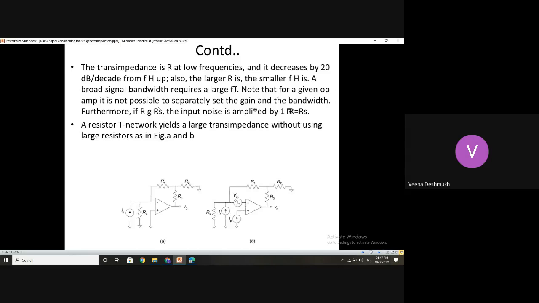If you have capacitive elements and you are measuring AC signals, especially if you are connecting a piezoelectric crystal, then there has to be some impedance and the capacitors have to be used.